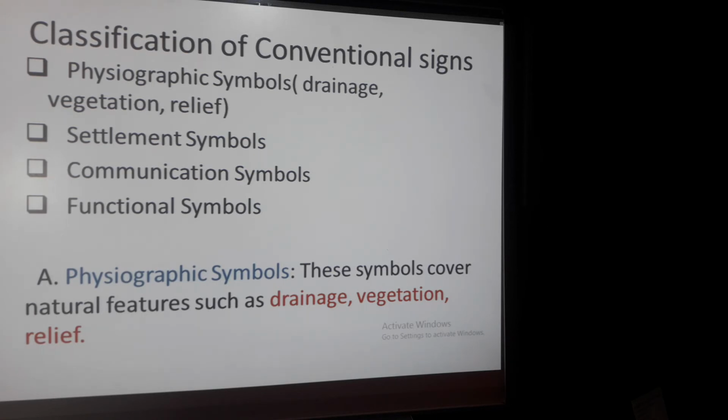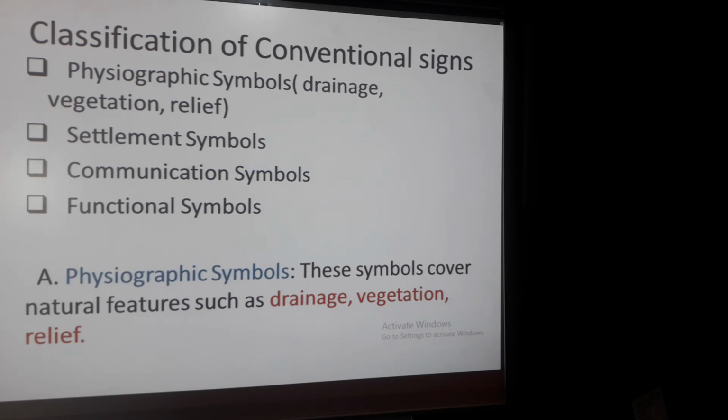When we say drainage features, we mean water bodies on the earth's surface. When we say vegetation features, we are talking about plant cover of an area.